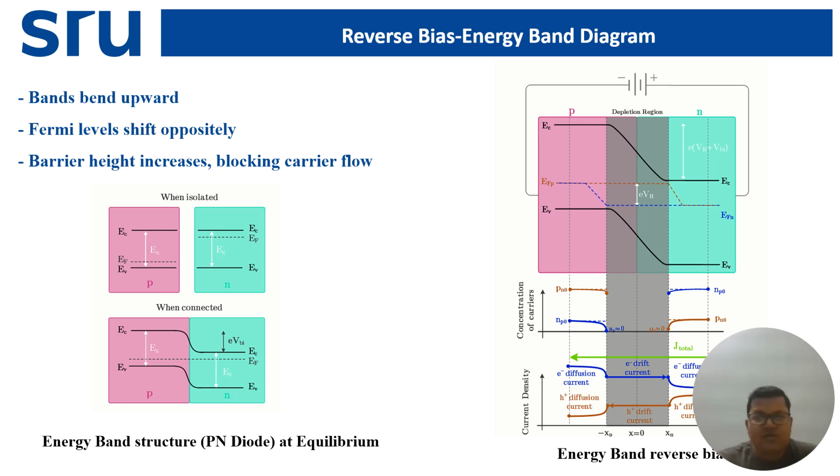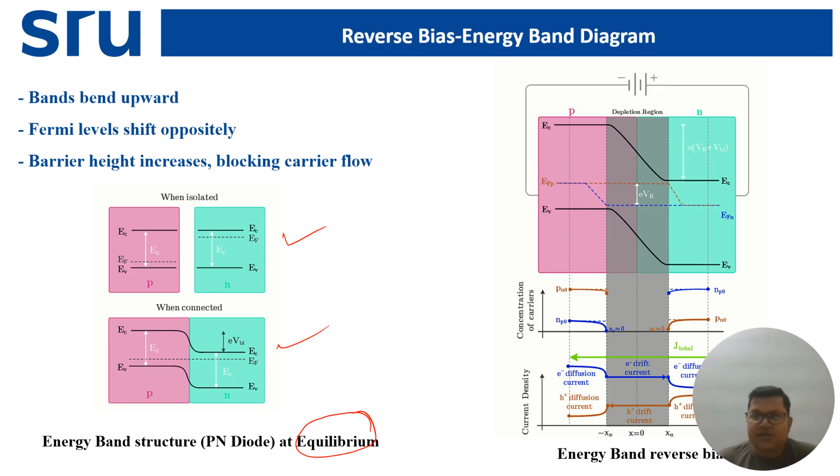And now we will try to understand the reverse bias in a similar fashion, like we understood forward bias. Here also we already noticed this thing and this thing. Okay, this is common for both cases because this is the equilibrium condition, right?